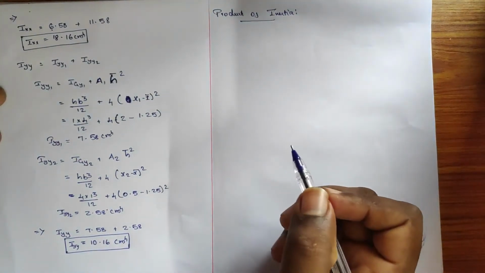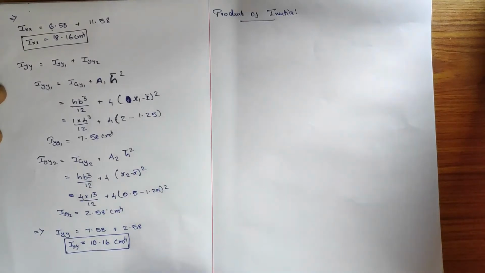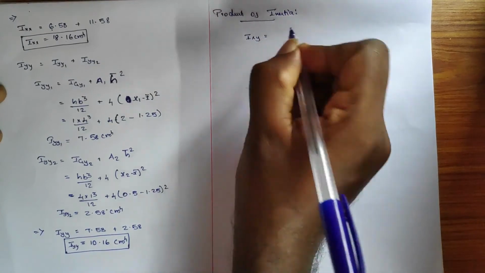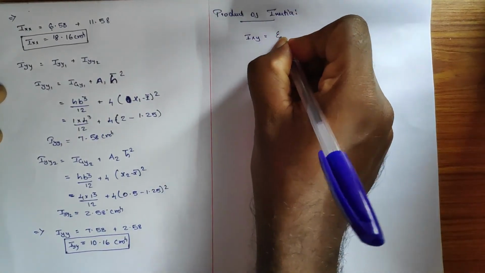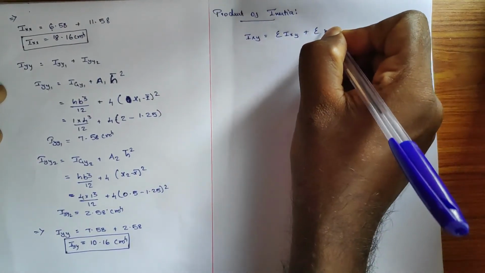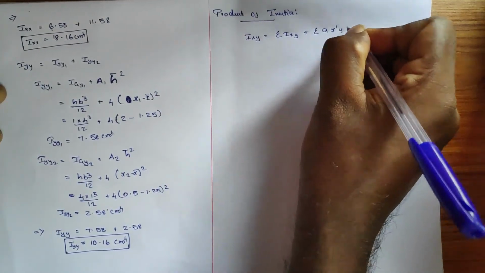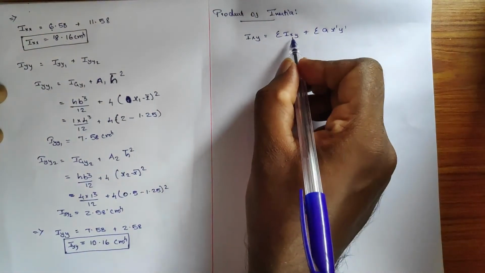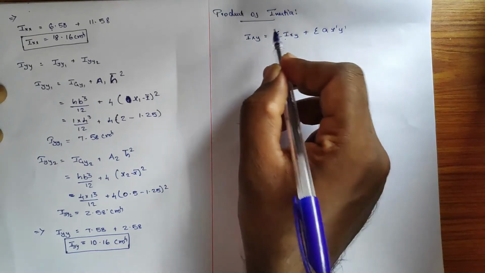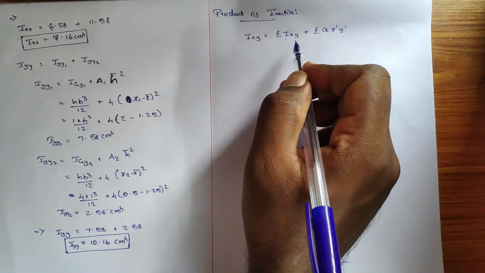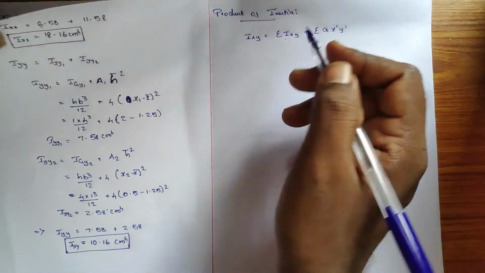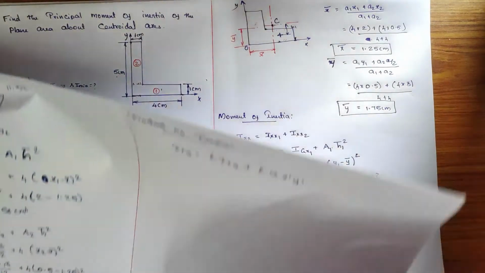Right. So here in the product of inertia, the formula is IXY, sum of IXY plus sum of A into X dash Y dash. IXY is nothing but the product of inertia for each component. Here we have two components, this is the first one and this is the second one.